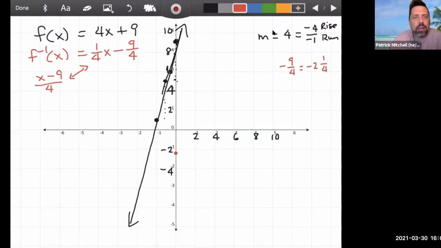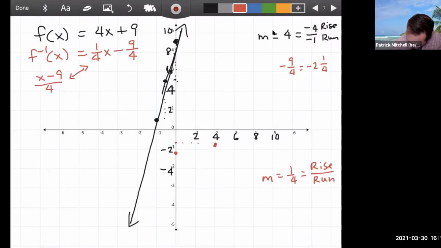All right, and then my rise over run is 1/4. So I'm going to go up 1 and then go 4 to the right. So up 1 will land me right about here. And then 4 to the right will put me right about there. And if I do that one more time, go up 1.